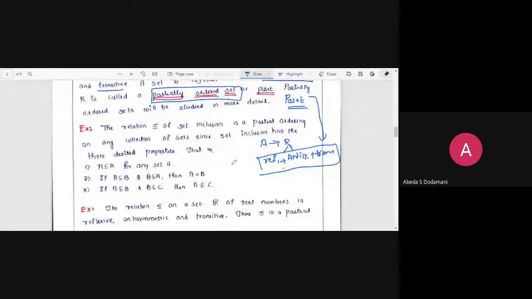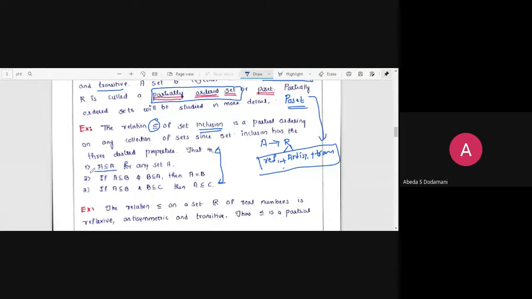So let's see what exactly this partial ordering relation talks about. The subset or equal to relation on a set: inclusion is a partial ordering on any collection of sets because it has three desired properties. What are the three desired properties?